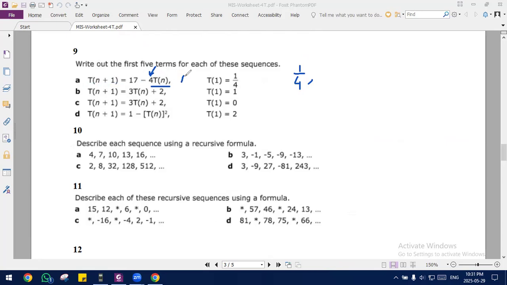So you have 17 minus 1, which is 16. So again, let me repeat. This Tn means the previous term, 1 over 4. Times 4, you will get 1. Now 17 minus 1 is 16.